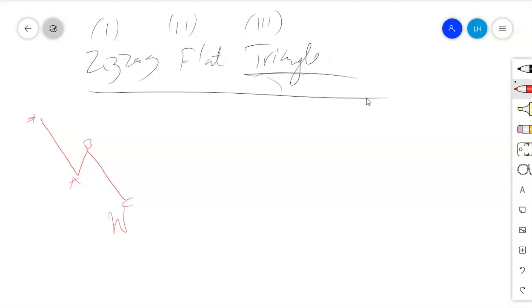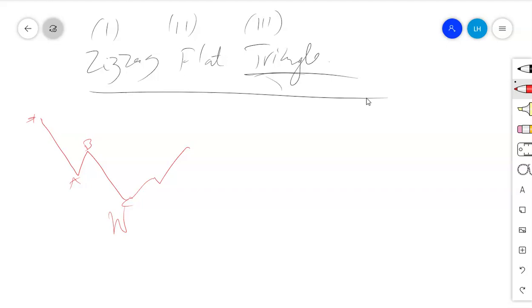Now we'll have what we call a link between one corrective structure and another. The link will be something like the A, B, C to the top. Usually the link cannot be triangle. In most cases, the X wave cannot be triangle.